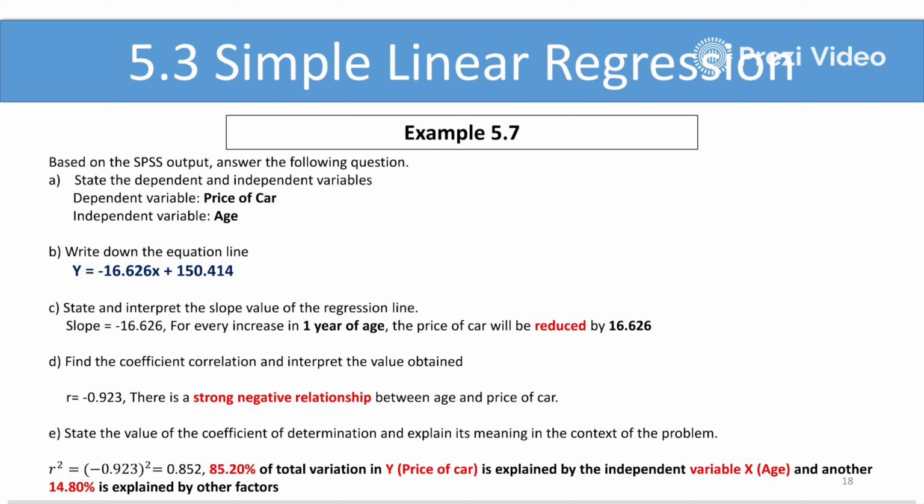And then the question also love to ask about coefficient of correlation and interpret. This one kita dah study dalam part 1, dan juga coefficient of determination. So this is how coefficient of correlation and coefficient of determination are applied in the simple linear regression application.